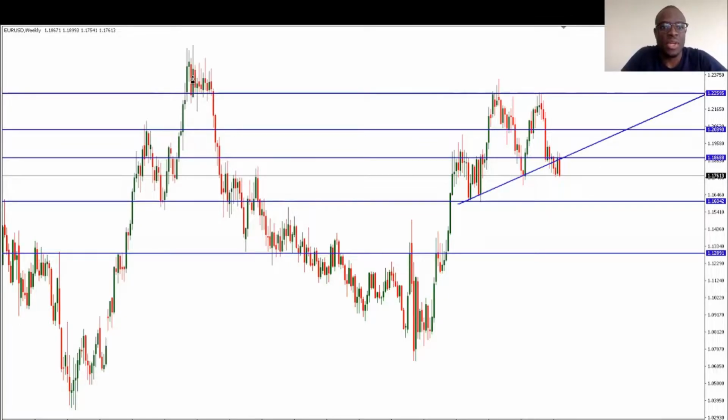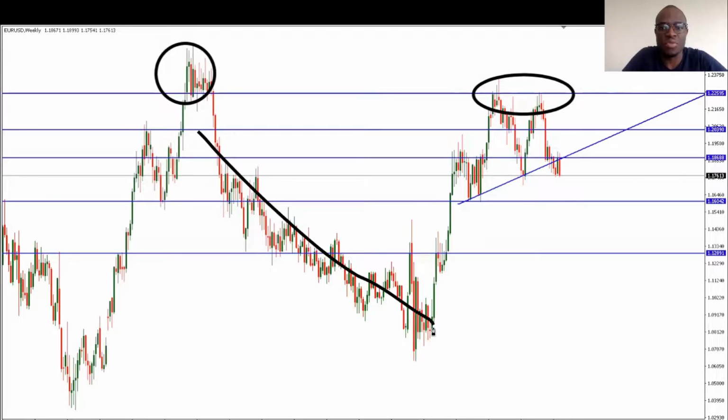So on this pair, we can notice that we have a double top. The price, after forming this downward movement, corrected to the upside, then pushed down and made a higher high, then made a higher low, and then came and made a lower high, and now it came to that low again.